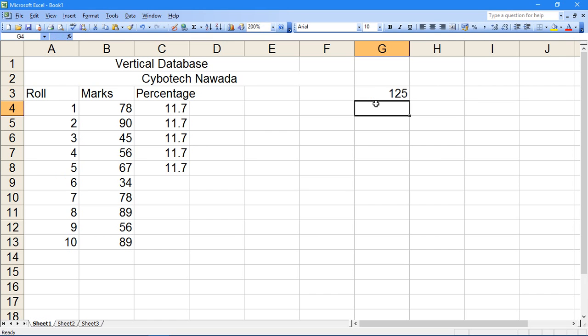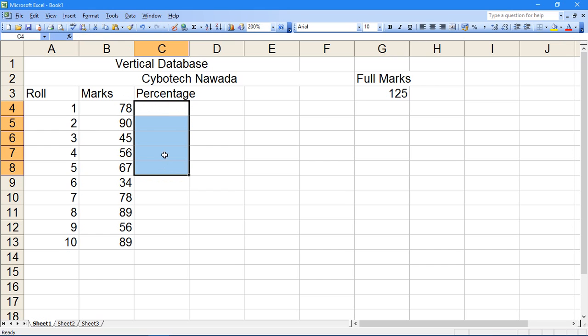This is nothing but the full marks. I am writing here full marks. It means the student having roll number 1 is getting 78 out of 125, 90 out of 125. What is the percentage? If we write the formula in the simple manner, it is easily calculated.